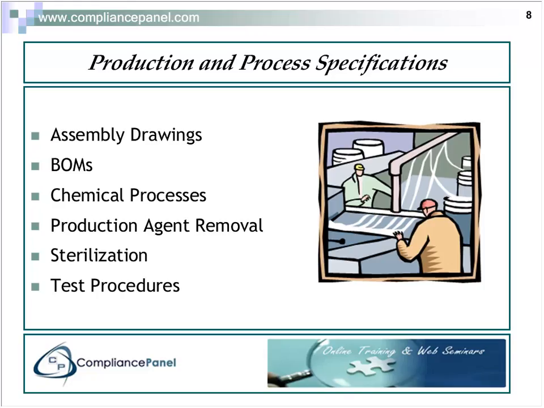FDA is making a big presence in China at this time, for instance. And continuing on here, your test procedures. Obviously, you want to have documented test procedures on how the finished device is going to be tested, or even in-process test before it gets to the final device for your sub-assemblies and components.